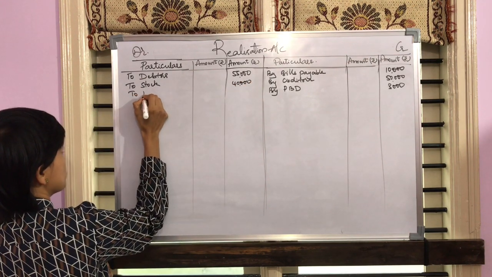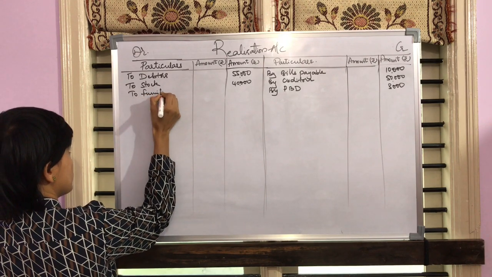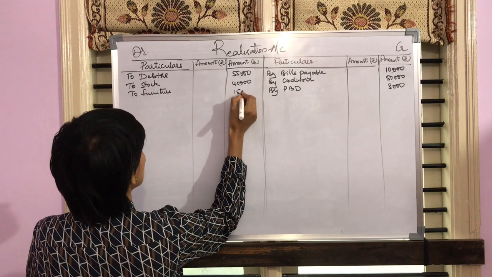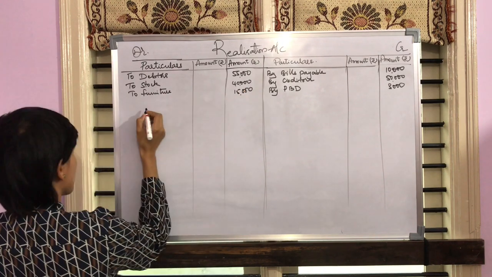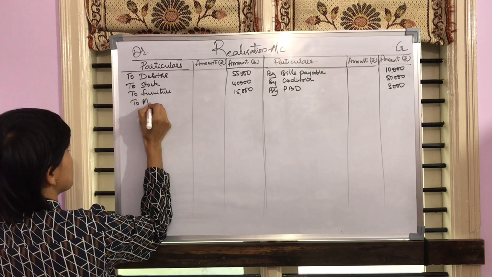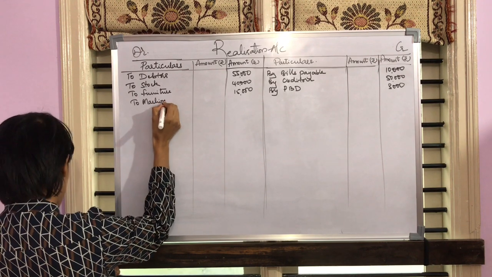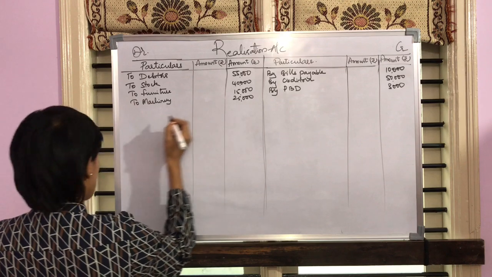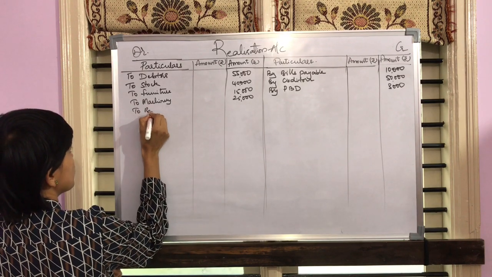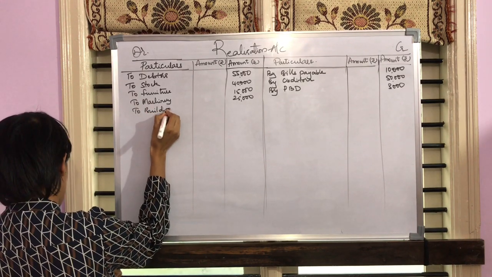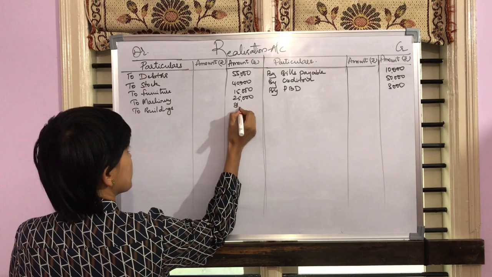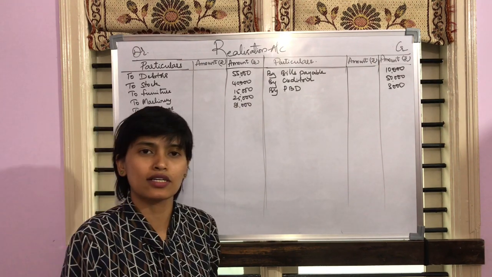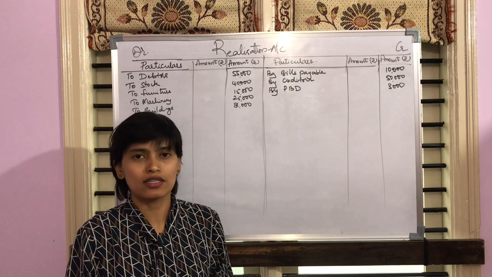Furniture value is 15,000. Machinery 25,000. Buildings 81,000. The last item being profit and loss account, we will post this in partners capital account.